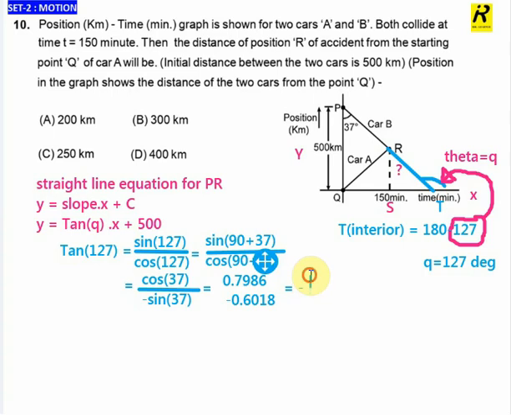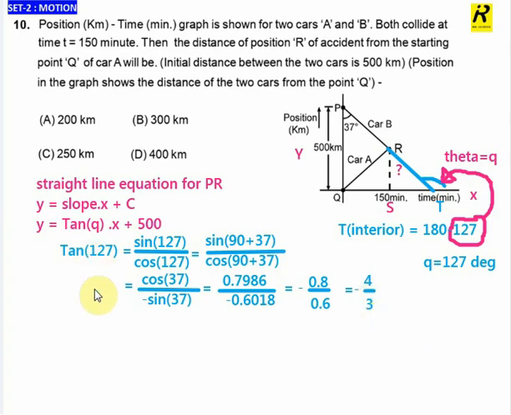In the numerator, 0.8, and in the denominator, 0.6. So finally, with a negative sign, this is 4 divided by 3. So the ratio becomes like this along with the negative sign, which is minus 4 divided by 3.